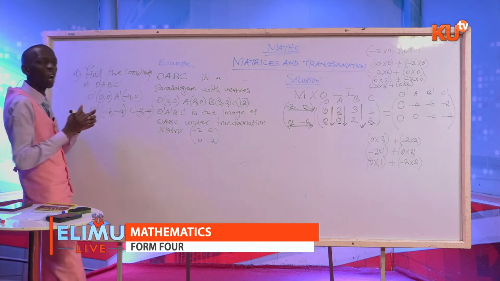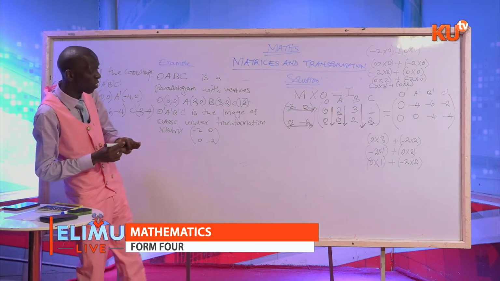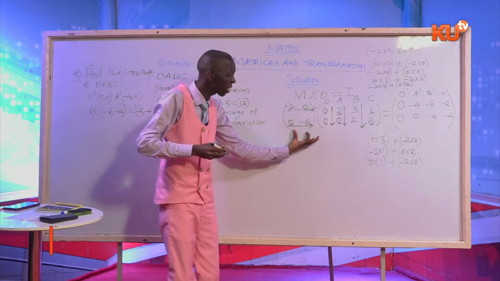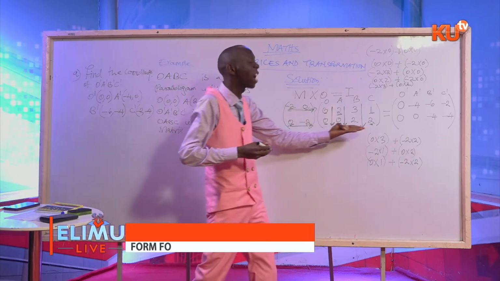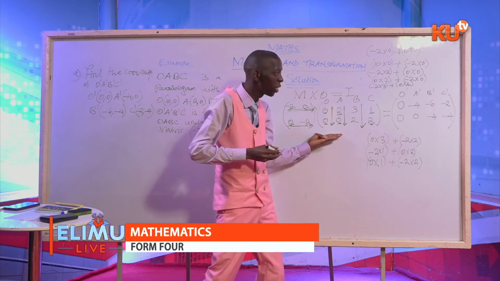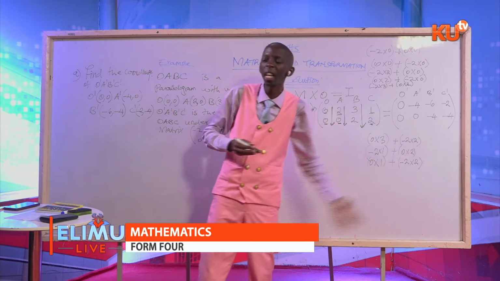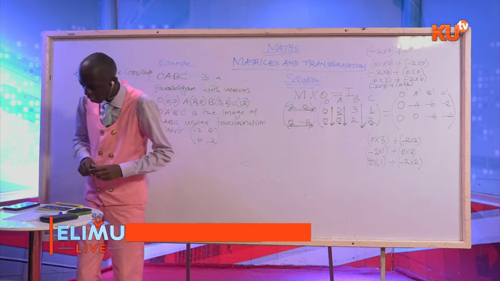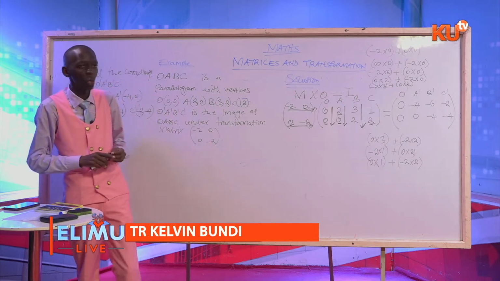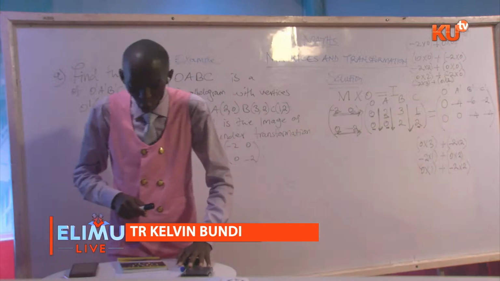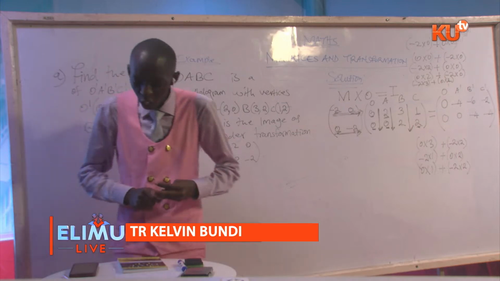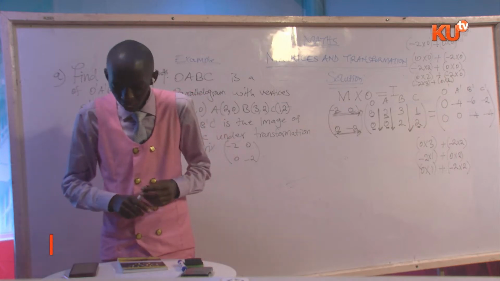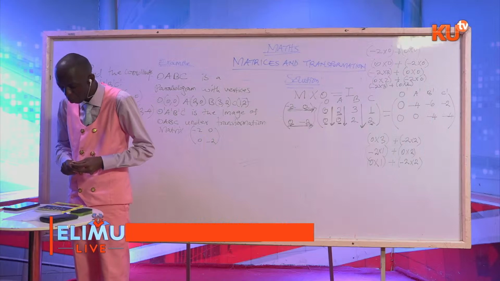Those are the coordinates of the image. We have done this: the matrix multiplied by the coordinates of the object gives us the coordinates of the image. That was question number A, Roman 1.